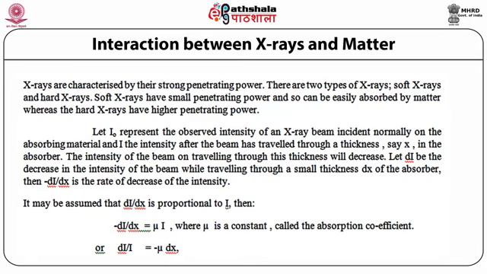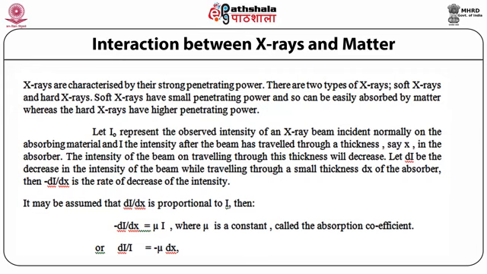Let dI be the decrease in the intensity of the beam while traveling through a small distance dx of the absorber. Then minus dI by dx is the rate of decrease of the intensity.